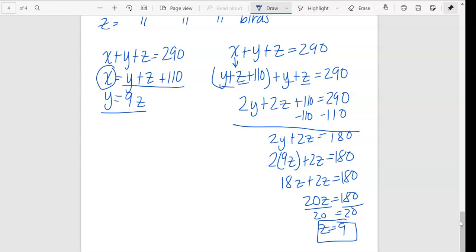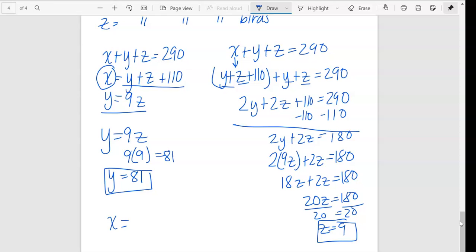Now, once I've figured out that z is 9, I can come back up here and say, well, y is equal to 9z. And if z is 9, then 9 times 9 is 81. So the average cost of the veterinarian bill for the cat is $81. Once we've got that, we're done, because we can figure out what X is by using the top one or this bottom one.